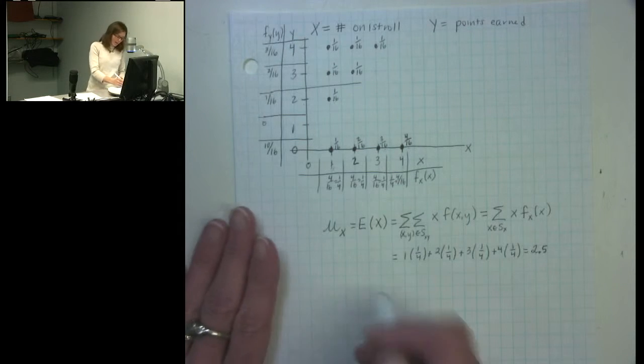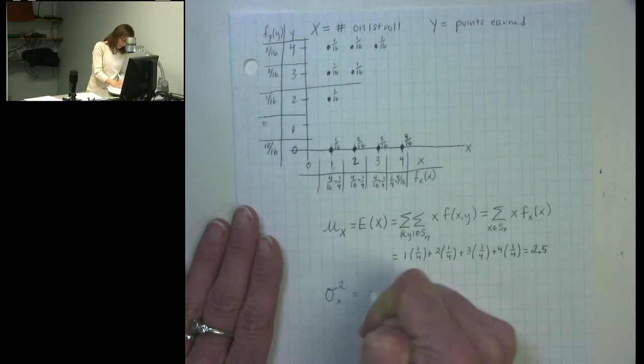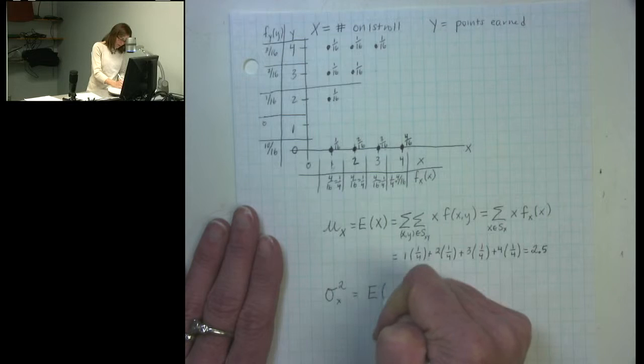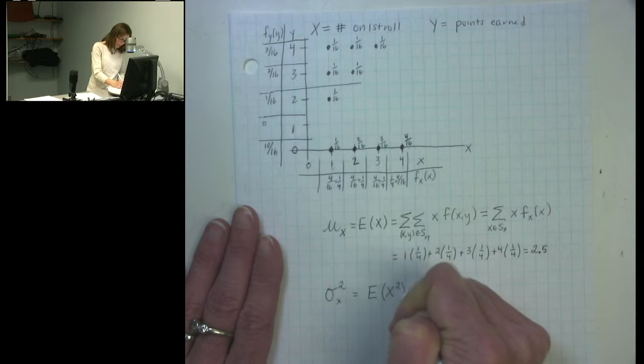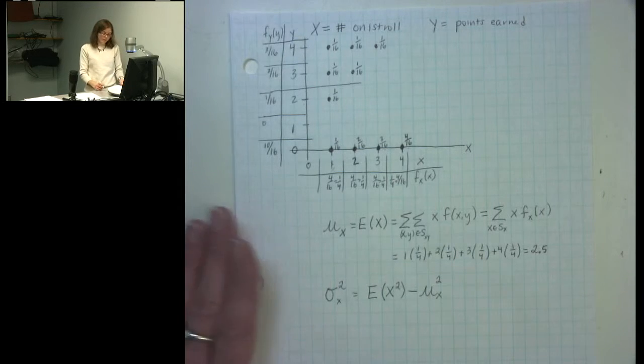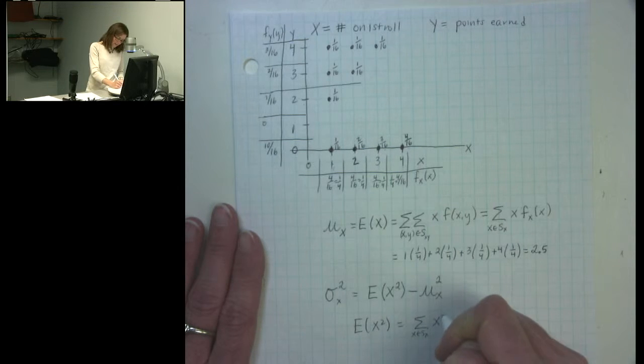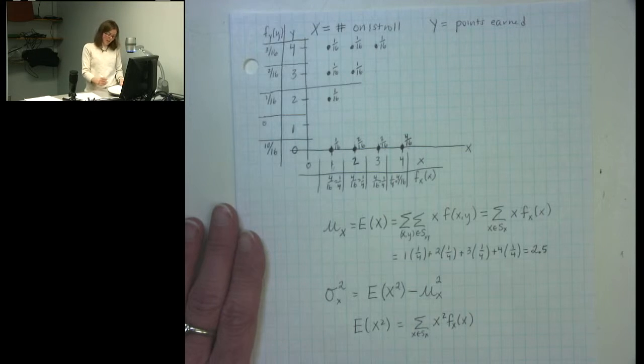Now if I want to find the variance of x, the easiest way to work with it is to say it's going to be the expected value of x squared minus the mean of x squared. The expected value of x squared, this is a function of x, so I'm going to sum for all the x's in the support of x, x squared times the marginal probability that X is equal to x.